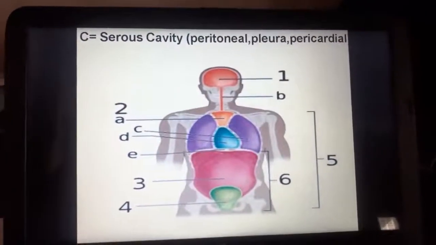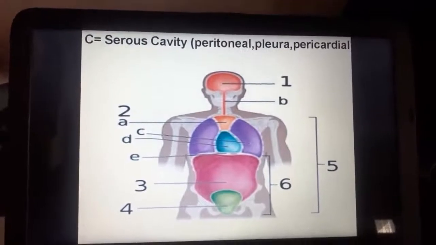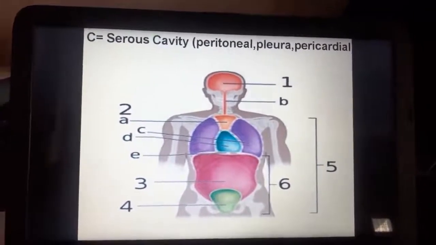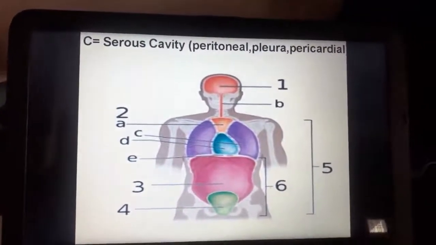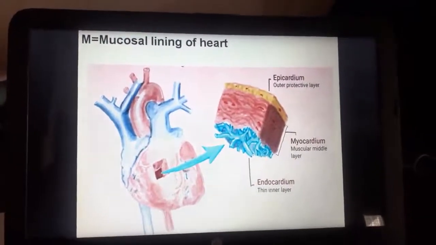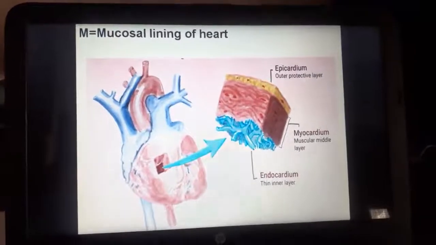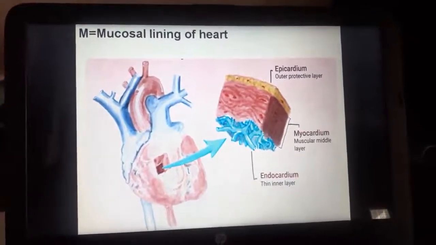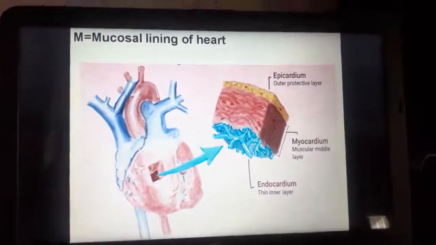C for cavity, serous cavity, either peritoneal, pleural or pericardial. M for mucosal lining of heart, this blue color, the mucosal lining.